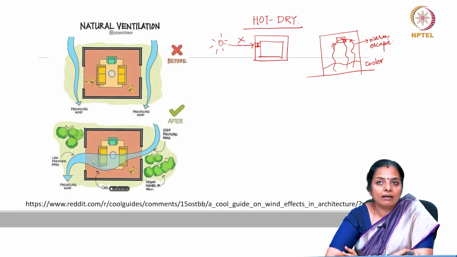So, you could have vents at a higher level, and the fenestration must have large overhangs to cut the solar radiation. The fenestration height should be such that there is a good distribution of airflow over the human body.